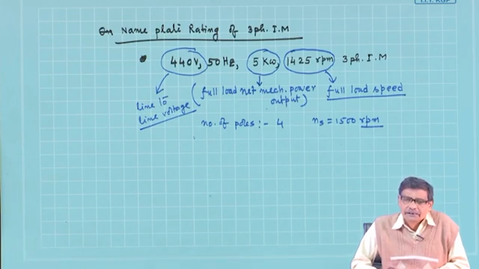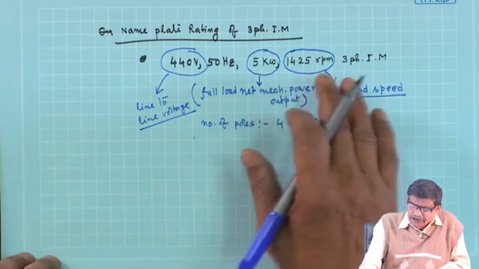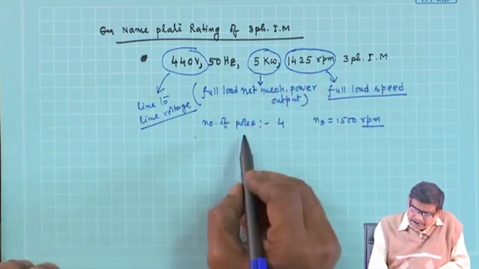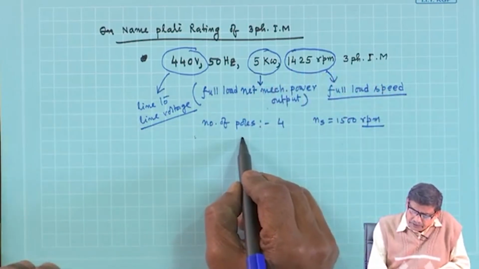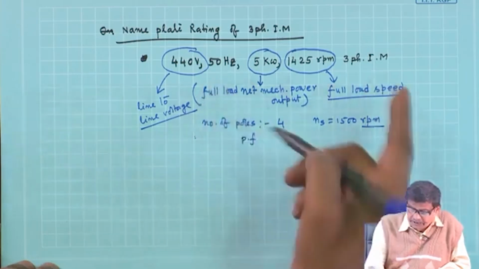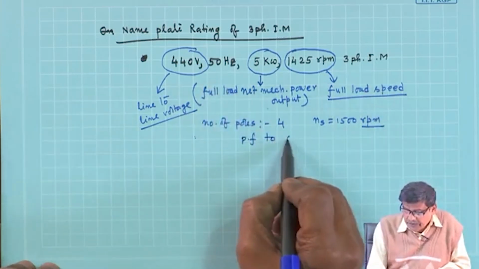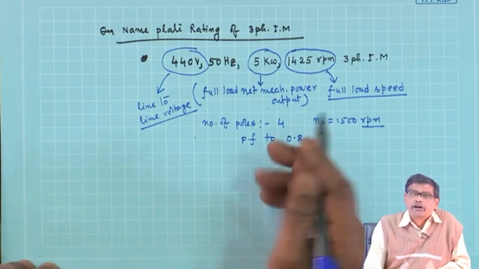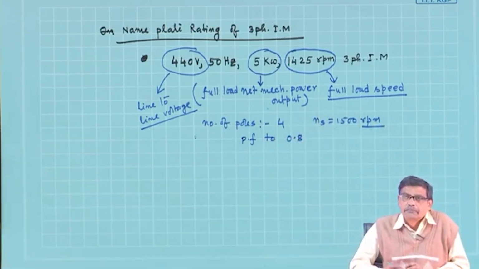There is no point in designing a machine whose full load power factor is 0.4, because then you are drawing excessive reactive power. Generally you can assume the power factor to be 0.8, or it may be 0.84 lagging, and it has to be lagging, after all everything is RL.